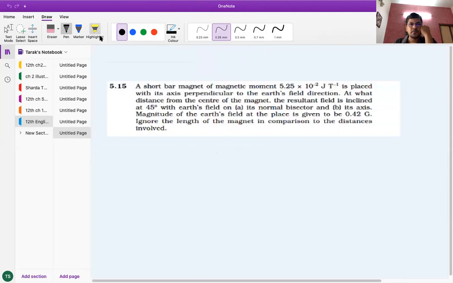Last one. A bar magnet has magnetic moment equal to 5.25 × 10^-2 joule per Tesla. It is placed with the axis perpendicular to the Earth's magnetic field direction. It is making an angle of 45 with the Earth's field.